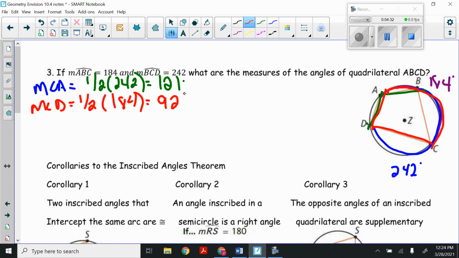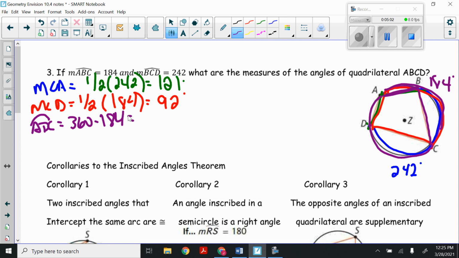So now if I look at angle B, that's going to be this arc out here. So first I need to find the measure of that arc. So arc ADC is equal to 360, because the entire circle is 360, minus ABC, which was 184.